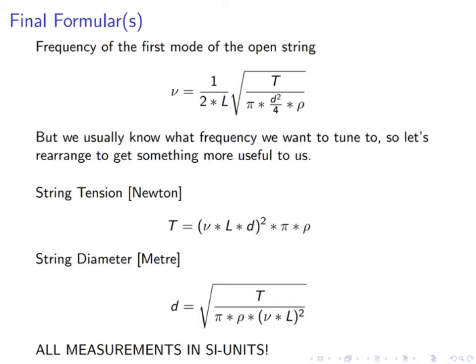The string diameter is the square root of the tension divided by pi, density, frequency squared, and the length squared. Just a heads up, all the measurements I've used are taken in SI units, so if you plug in SI units into the formulas it all works out perfectly.